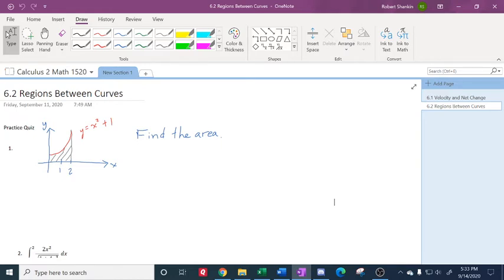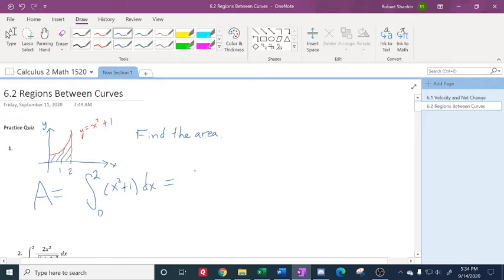Okay, so 30 seconds more. Alright, the area is equal to an integral from 0 to 2 on the x-axis of the function like this. And then for a definite integral, we need an antiderivative.